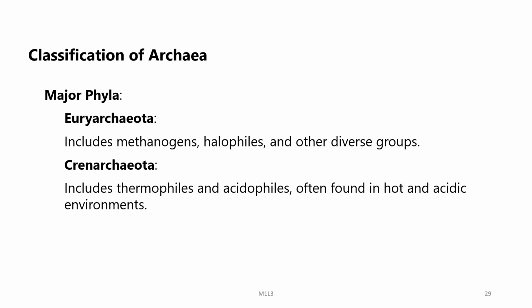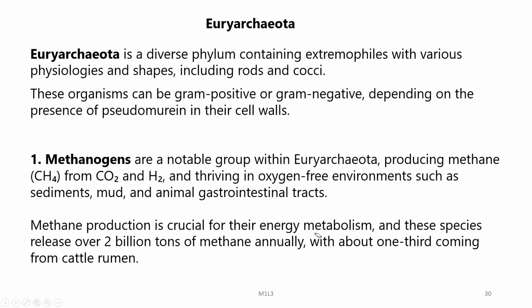The major phyla are Euryarchaeota, which includes the methanogens, the halophiles and several other diverse groups, and Crenarchaeota, which includes thermophiles and acidophiles, often found in hot and acidic environments.